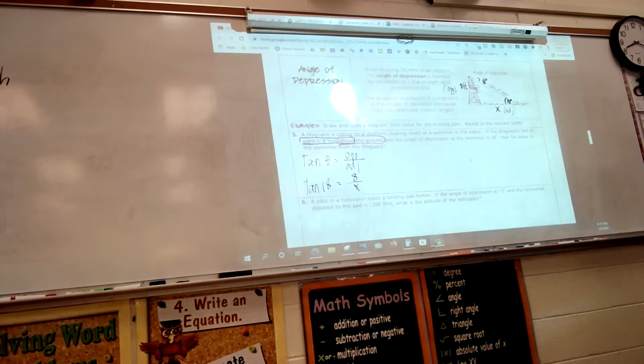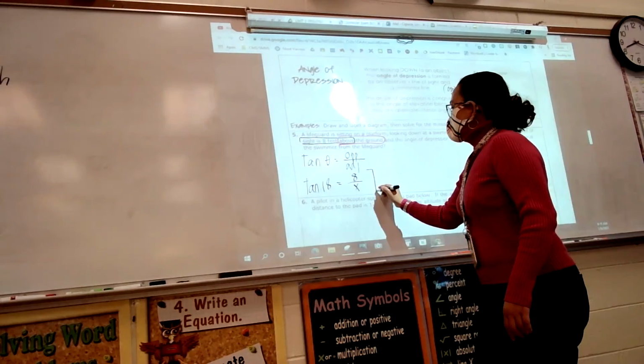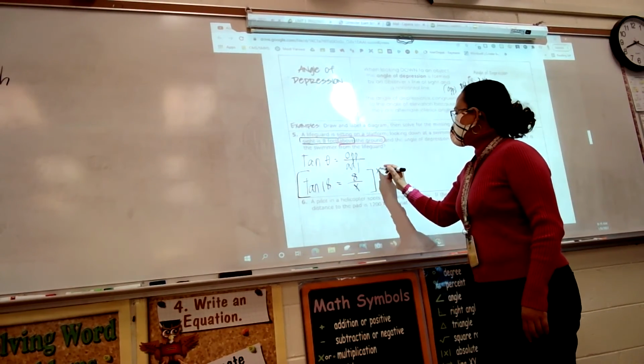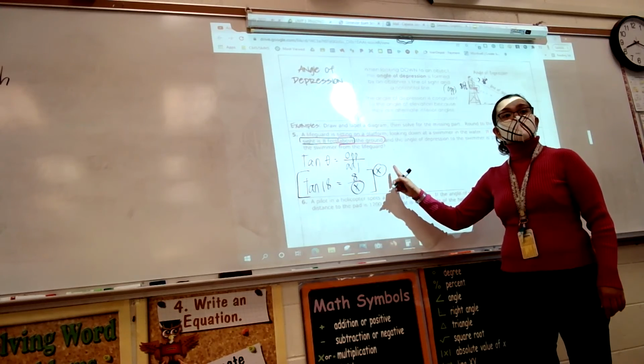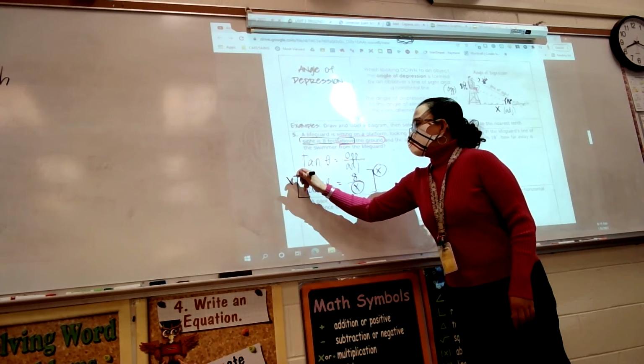Any suggestion? How will I solve for x? Multiply by x. Okay, let's multiply by x. Whatever is in the denominator, that's what you're going to multiply.